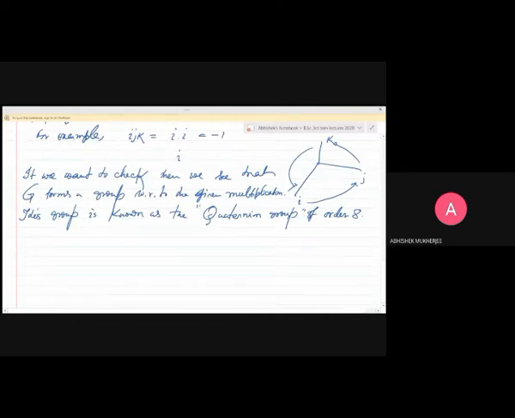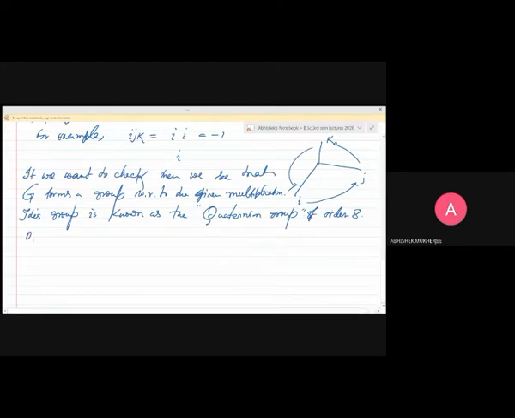Now you have seen up to now 3 groups of order 8. The first one was the cyclic group of order 8, that is Z8. The second one was the dihedral group of order 4, which also has 8 elements. And another one is this quaternion group of order 8.